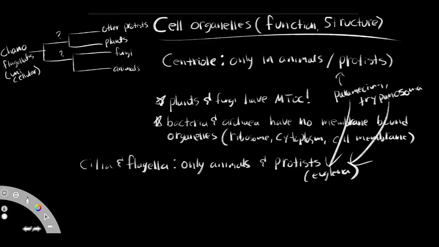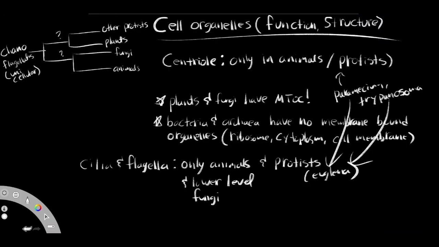Now, there are some other exceptions that actually have cilia and flagella as well. Like some fungi, but it's very rare. I think it's lower level fungi that have them too. I think it's some sort of spore, I forget which type.